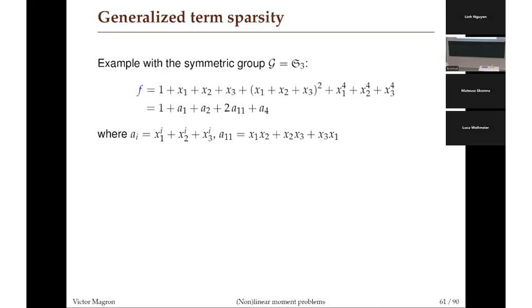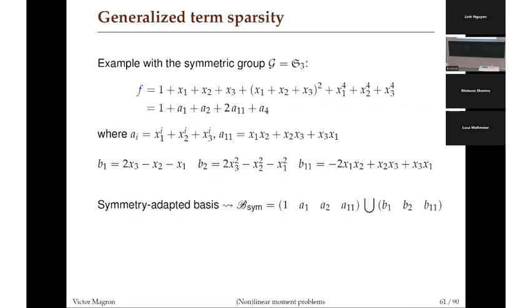So here it's a problem that is invariant under all possible permutations in 3 variables. So I have my invariant basis polynomials. It's the sum of powers of all the x. And here I have also this basis element.